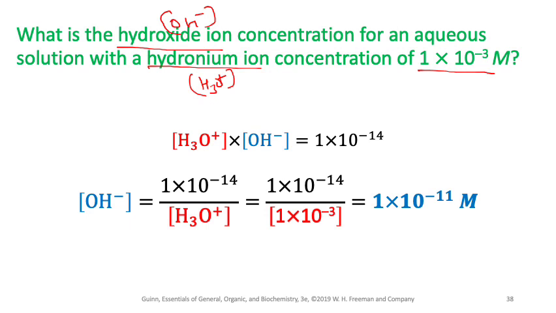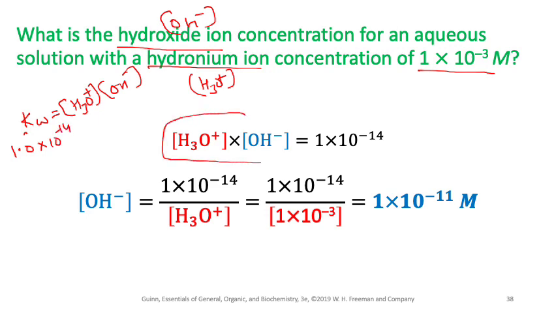So we have to use the autoionization of water concept, which is Kw is equal to the concentration of H3O plus times OH negative ion, right? And we already know the value of Kw, which is 1.0 times 10 to the power negative 14, right? So this is the equation, and we have to figure out the OH negative ion concentration.